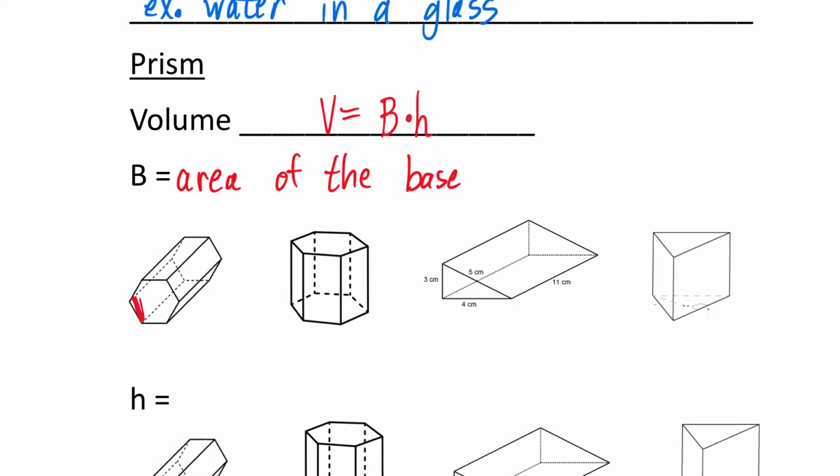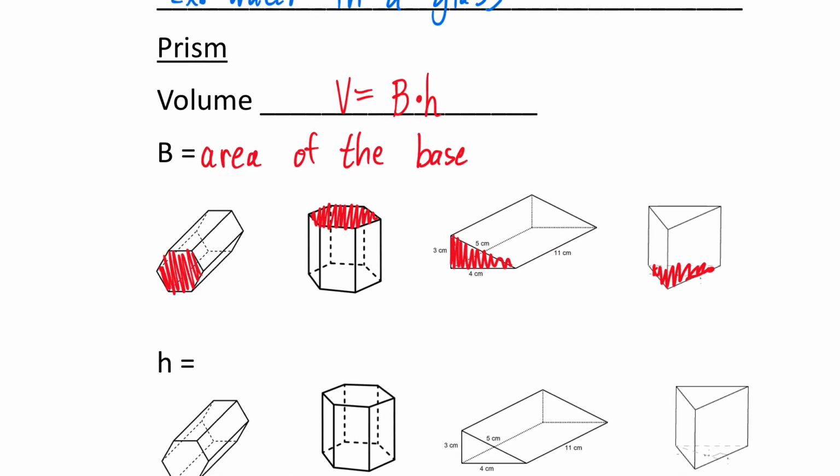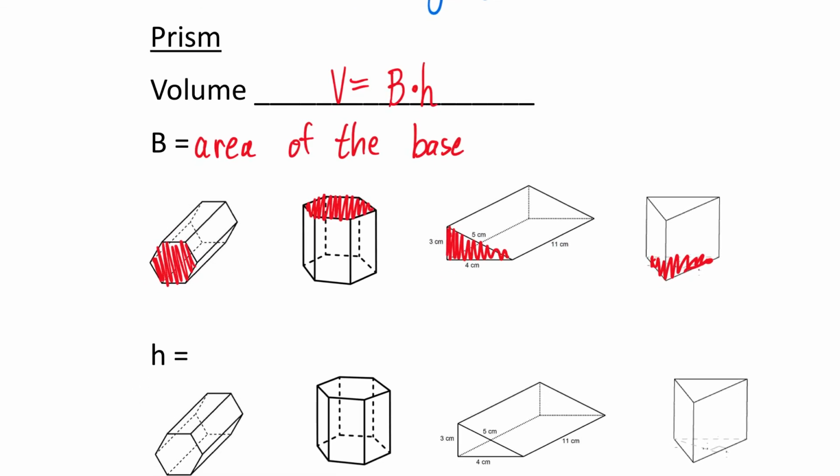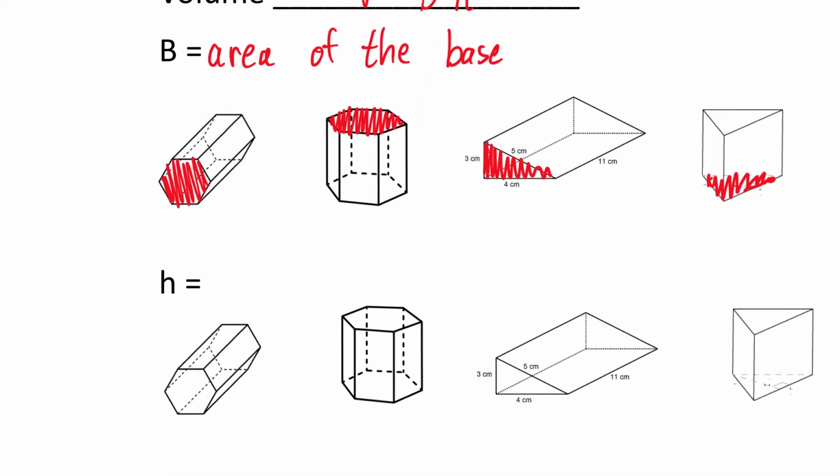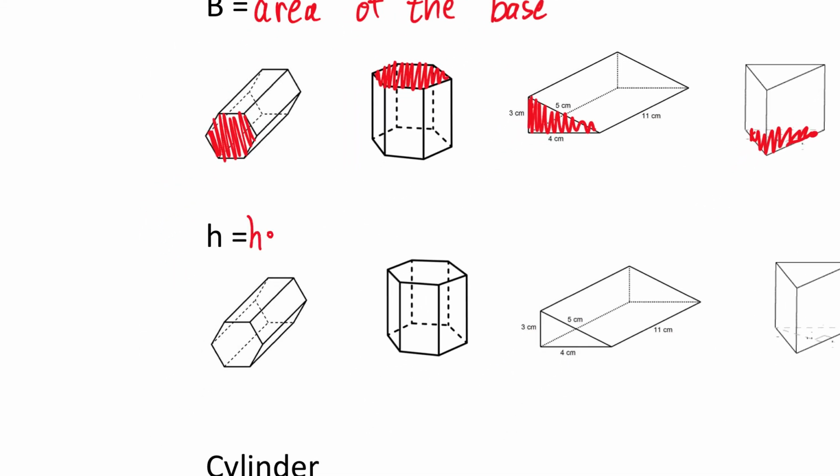So in this case, it would be the area of this hexagon. And this one would be the area of this hexagon. And this one would be the area of this triangle. And this one would be the area of this triangle. And what does the little h stand for? Good.